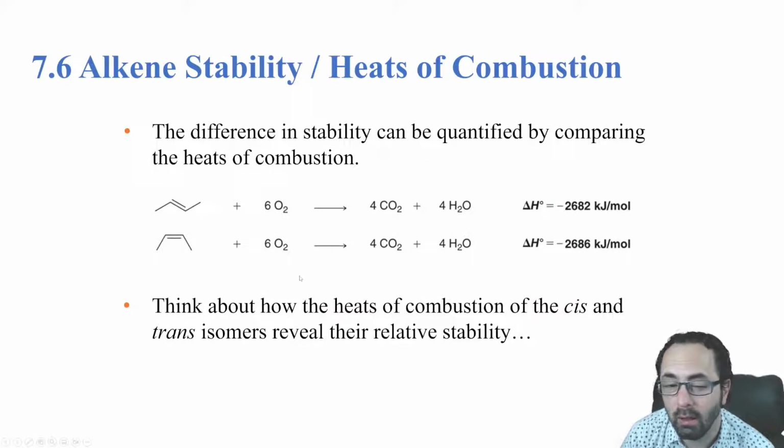So again, like we did in the past when we were comparing the stabilities of two structures that are simply stereoisomers of one another, one way we can do that is by combusting them and seeing how much energy comes out. The more energy that comes out, the less stable the initial reactant was, and so we can see that cis-2-butene is about 4 kilojoules per mole less stable than trans-2-butene.